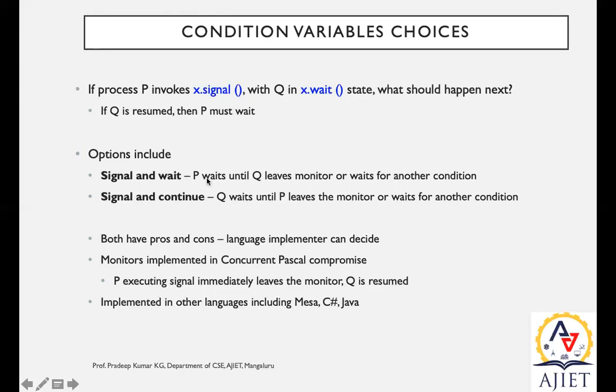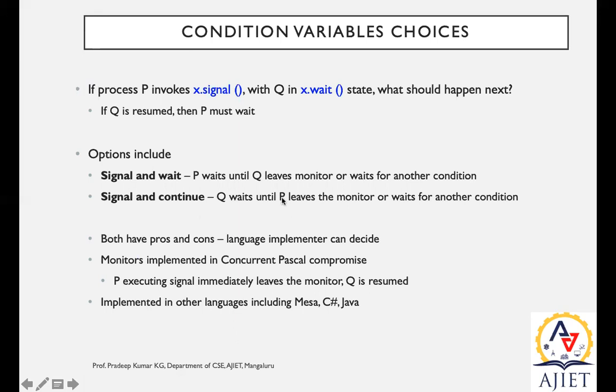In signal and wait, the process P waits until Q leaves the monitor or waits for another condition. So we have P1 and P2. If P1 is already in the queue, then it will wait. The other, P2, may wait until P1 completes its turn.